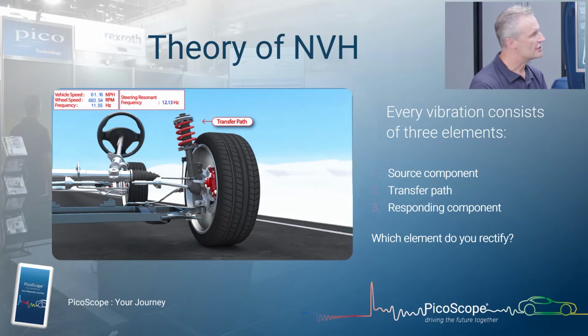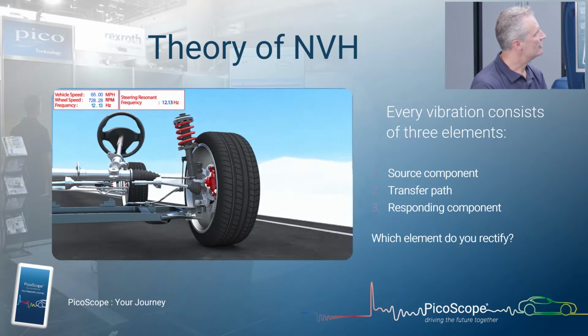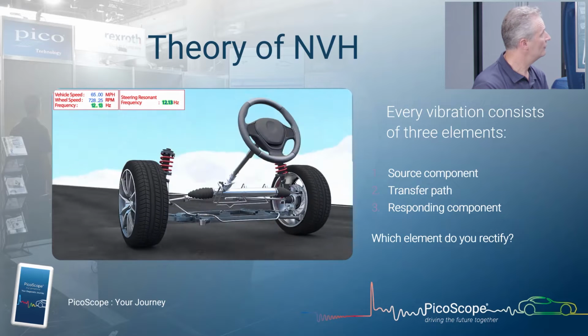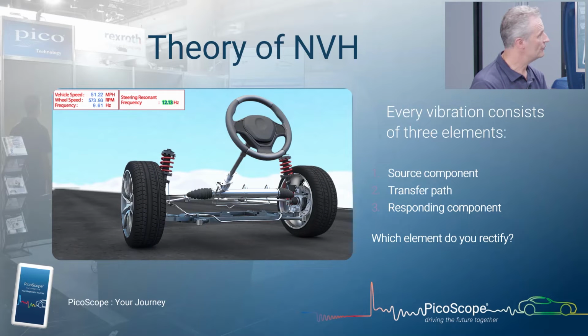And look how that energy is dissipating through the vehicle and ultimately up the steering column, which acts like an antenna where we are connected, and we feel that vibration. There's our responding component. Now, of course, we could try and doctor the steering wheel some way, but that's not the procedure. We would be looking at going to the source in this scenario and balancing out the road wheel.